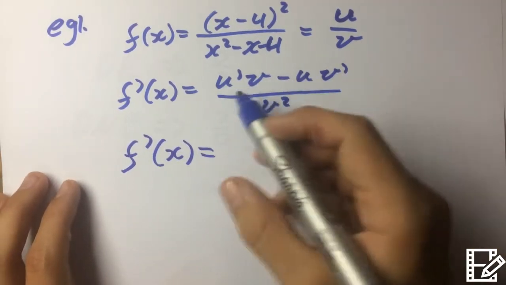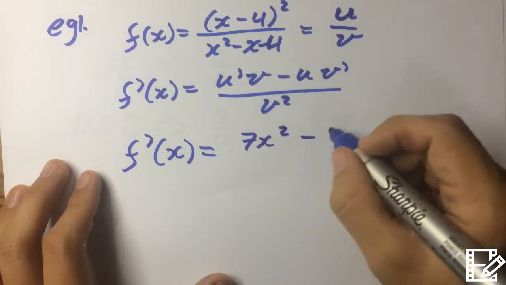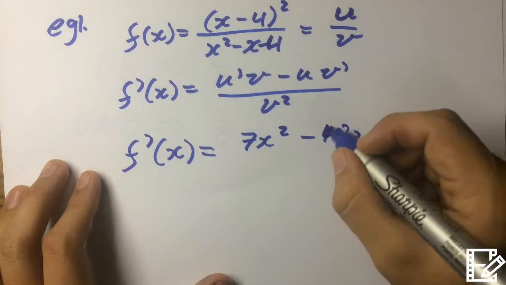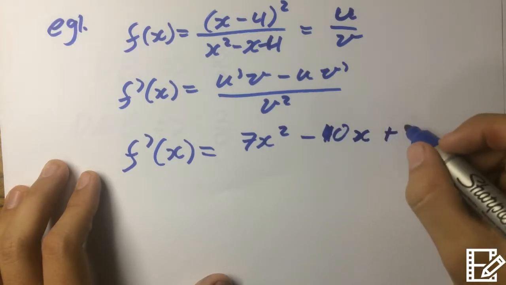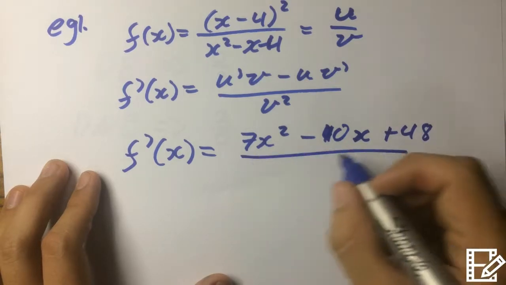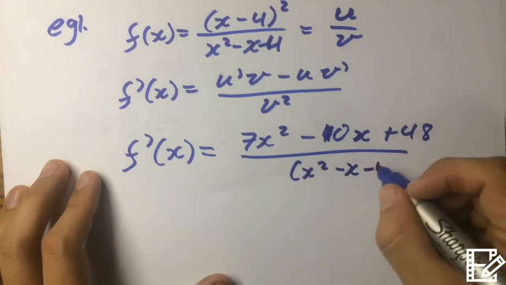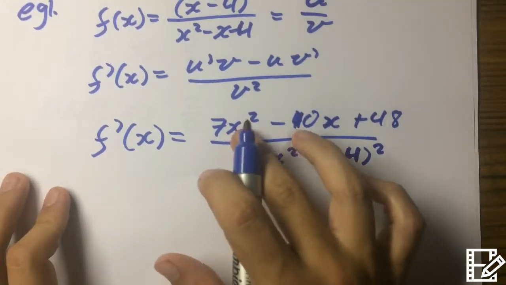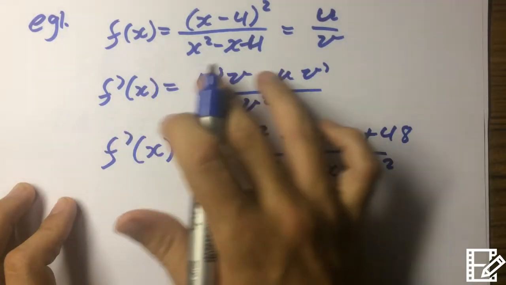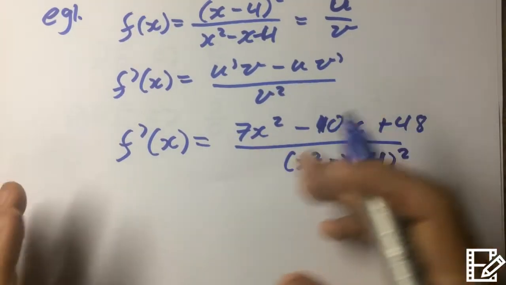You can always do those steps, because you should be able to do derivatives before you try applications of derivatives. So that's (40x plus 48) over (x squared minus x minus 4) squared. That is what you will get after you derive it, expand the brackets and whatnot.